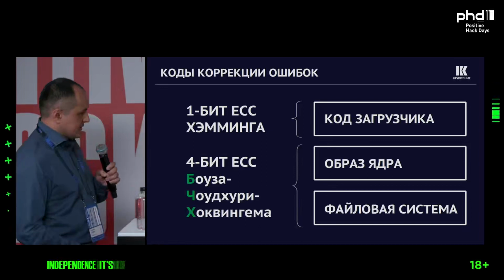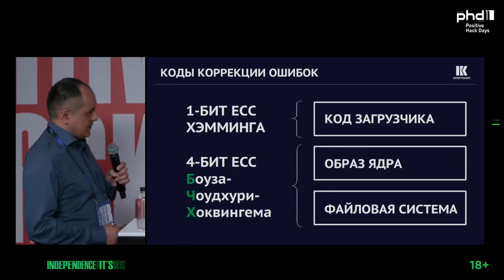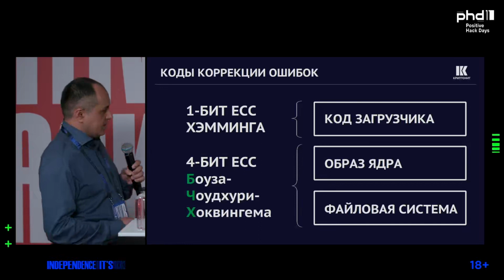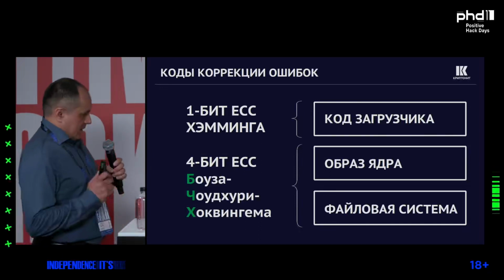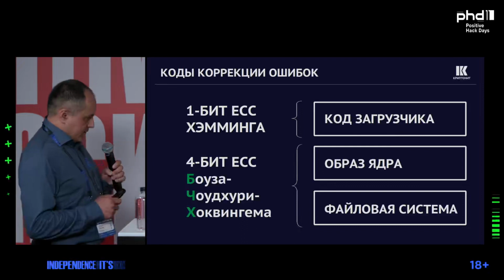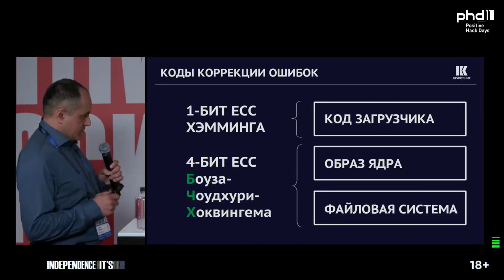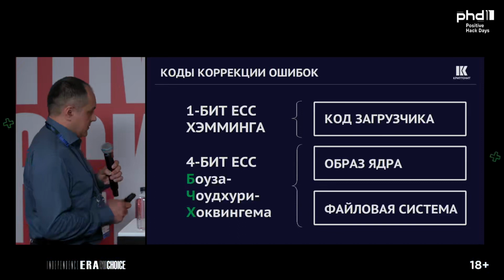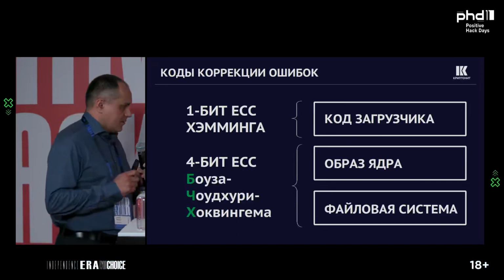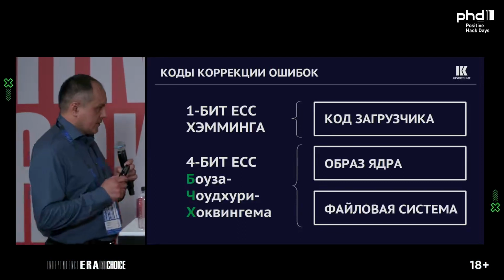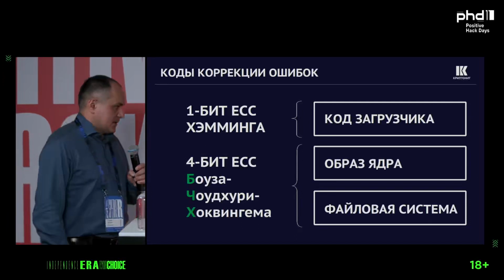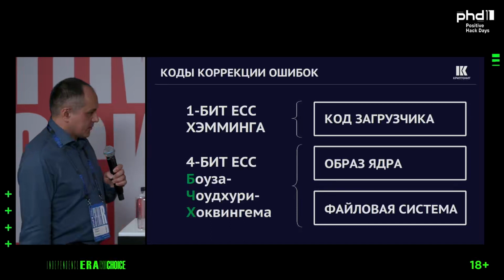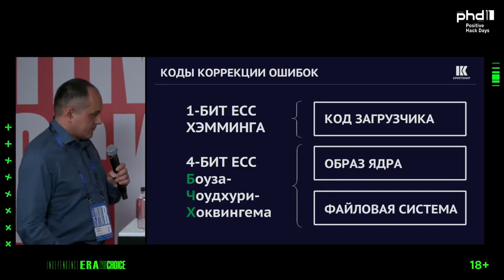Hamming codes can help solve one bit error per 512 bytes of data. And as different devices use error correction differently, sometimes it's just the processor itself.